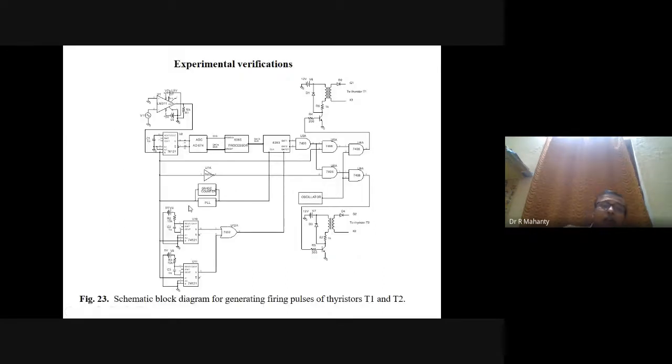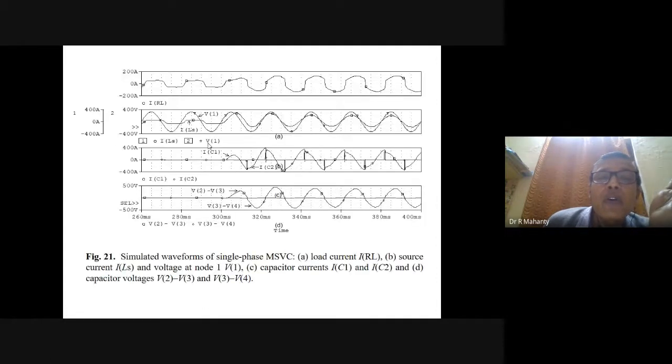Now this is how it can be done experimentally. Here in the experiment, from G1 K1 and G2 K2, you will get the firing pulses for the thyristors, and from these firing pulses you will fire the thyristors T1 and T2. So what are you doing here? You are sensing the current first, and then using an A to D converter, you are converting that analog value into digital value.